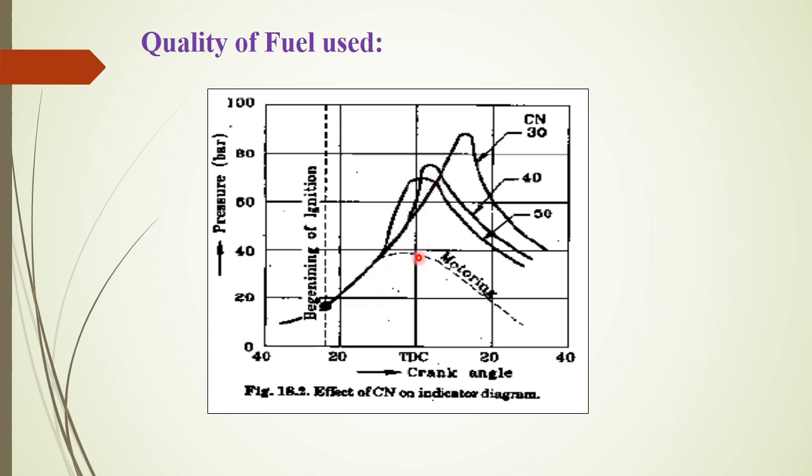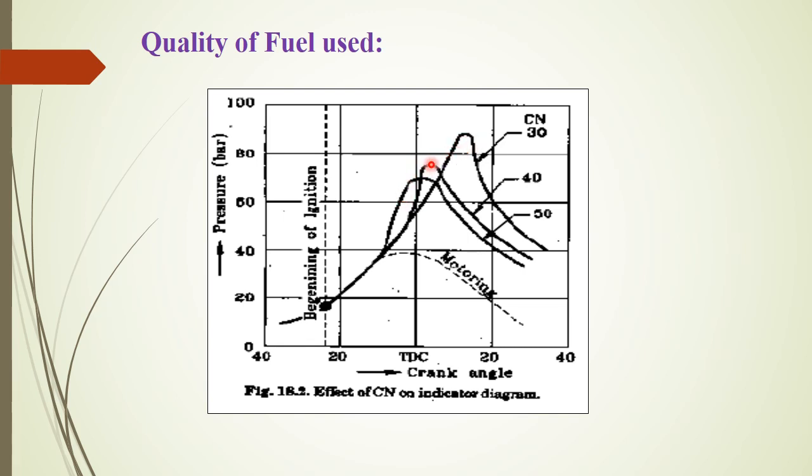So the cetane number of the fuel is very important. If you see here, 30 cetane number, 40 cetane number, 50 cetane number. With the moderate one, 40, you get almost high pressure at the TDC only, not before or after TDC.